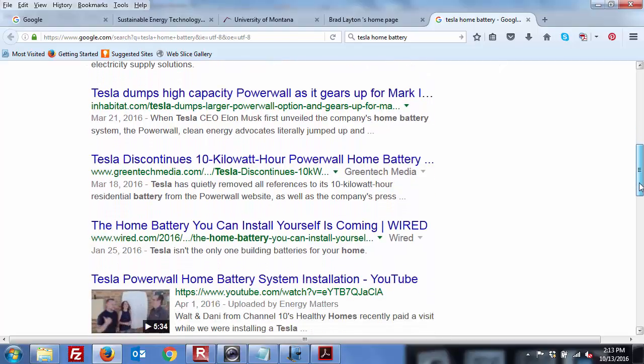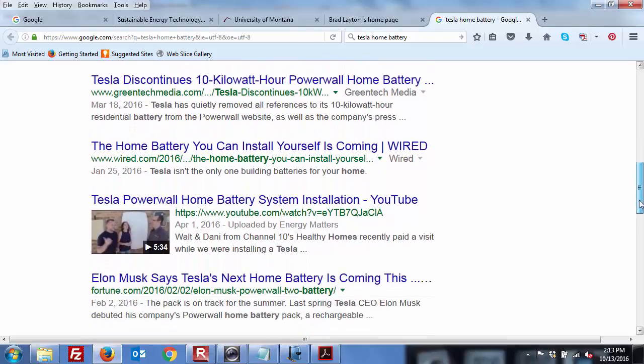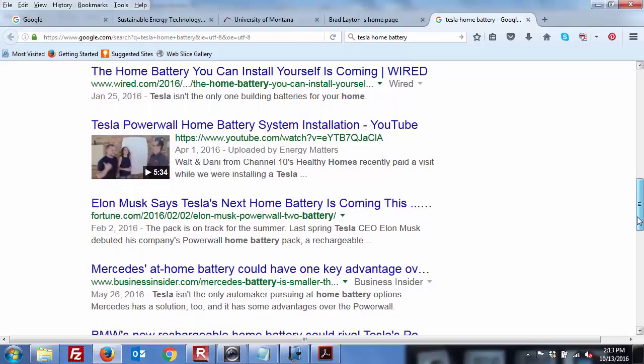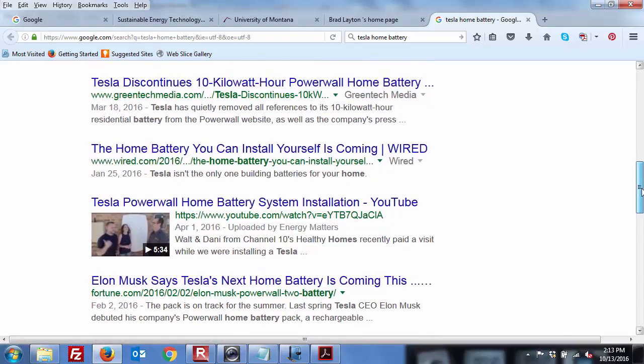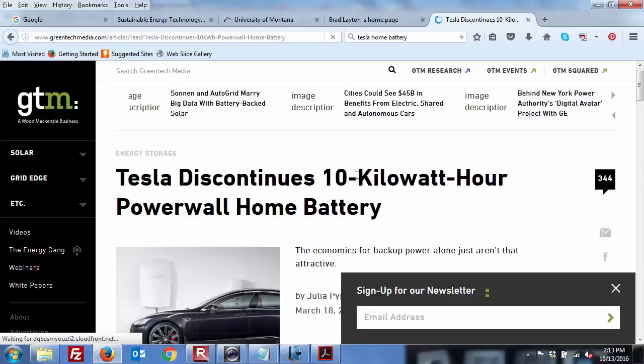Tesla discontinues... February 2nd. Huh. Well, you might look into one of these too. Mercedes. Discontinued? I don't know, that's what it says in the news. 10 kilowatt Powerwall whole battery. Well, let's take a look.